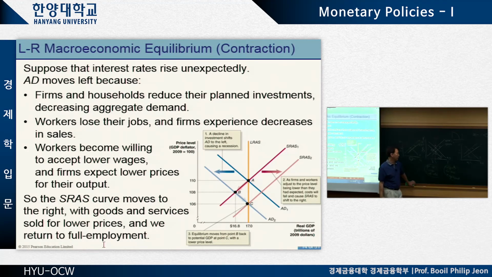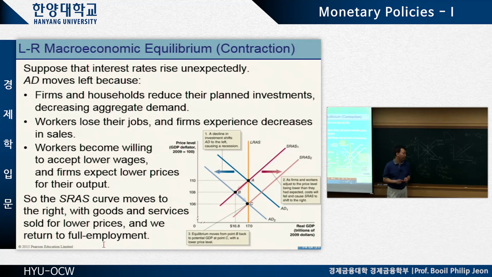What's the difference? Well, if the price level doubles, what does that mean? Is it really bad if everything's twice as expensive as before?